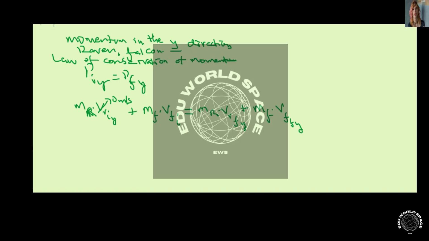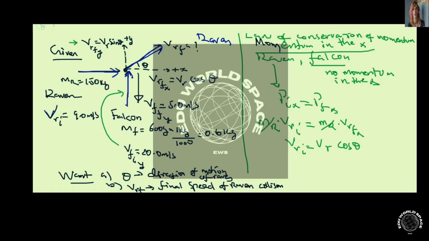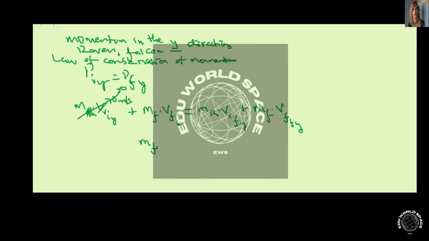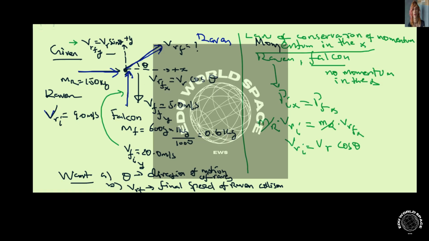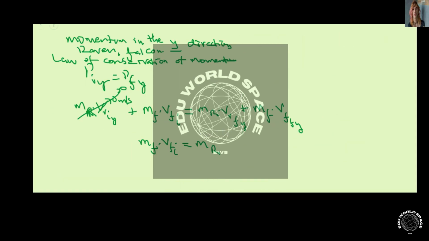And so, this part is going to be 0. We have the mass of the Falcon times the initial velocity of the Falcon, equals the mass of the Raven times the final velocity of the Raven in the y direction, and that's this one, Vr sine theta.